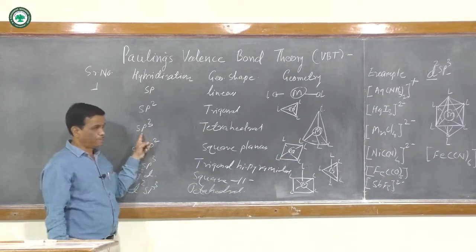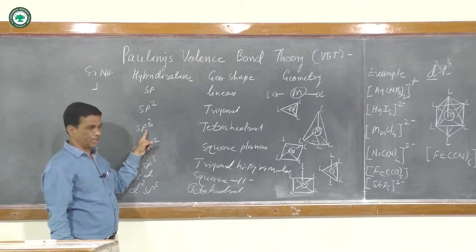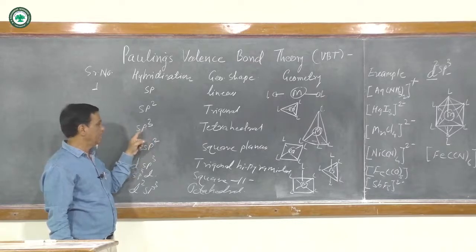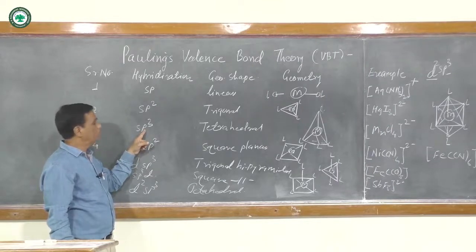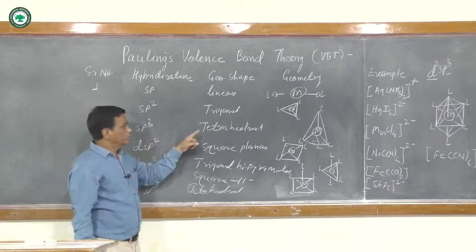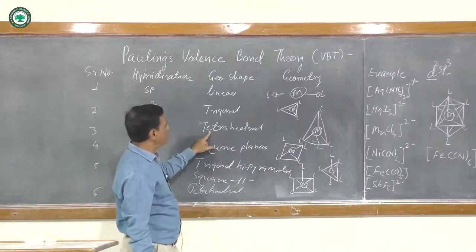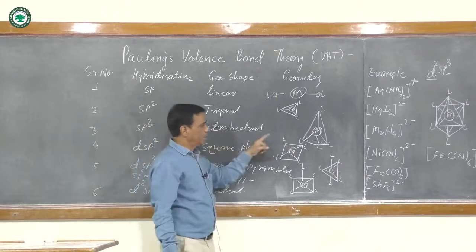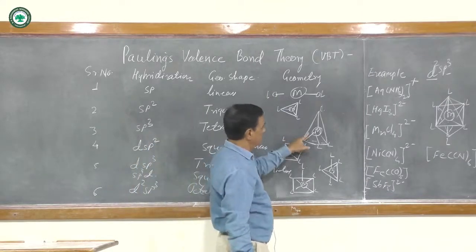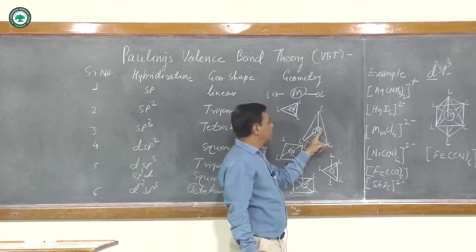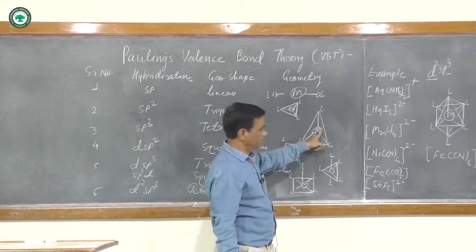Third example is sp3. 1s orbital and 3p orbitals combine. These 3p orbitals are px, py and pz, and there is a formation of equivalent 4 sp3 hybrid orbitals. The geometrical shape of that hybrid orbital is tetrahedral, and this is the tetrahedral shape. In tetrahedral shape, the metal is at the center position.